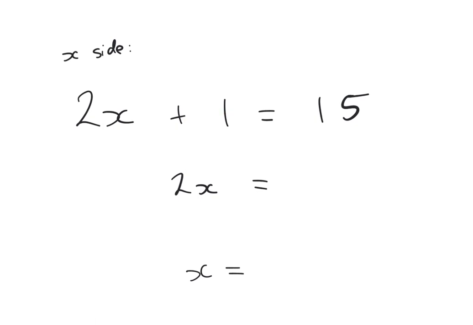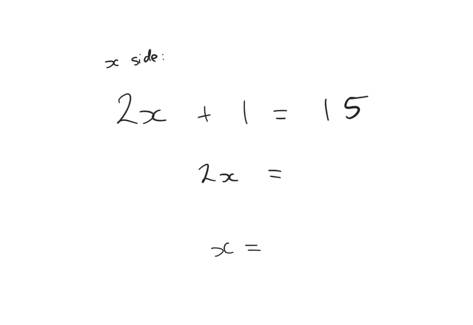Now, to move a plus 1, we do the opposite of plus, which is subtract. The opposite of add is take away, so we're going to take away that 1 from both sides, subtracting that 1. So on this side, it disappears. It's gone. That's why we just got 2x.